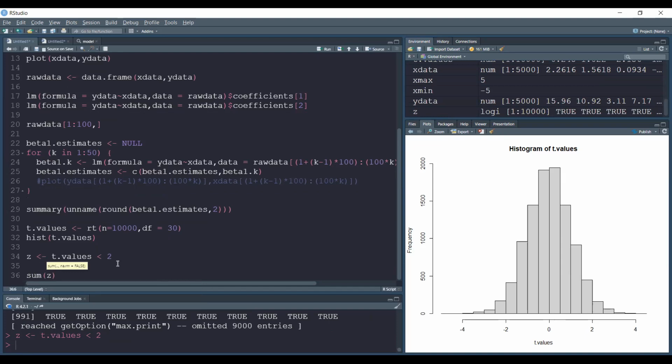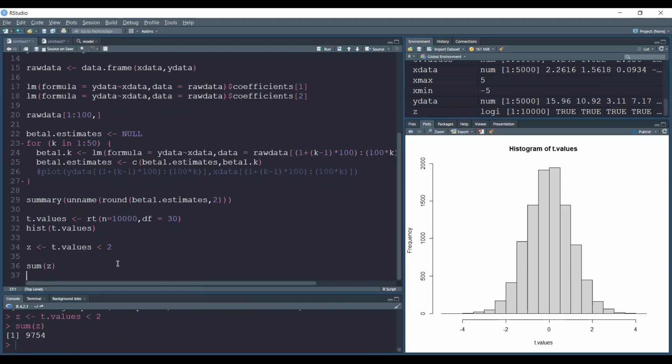Because I think what R does is true takes a value of 1, and false takes a value of 0. Like I said, there's probably a much easier way of doing this, but we've kind of hacked it in order to use the sum function to actually count the number of these values that are less than 2.